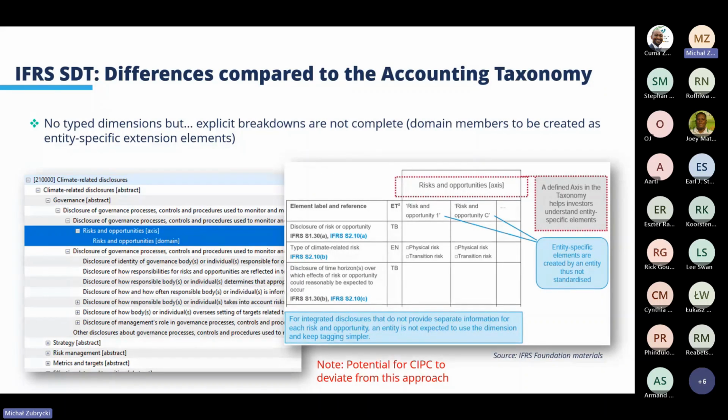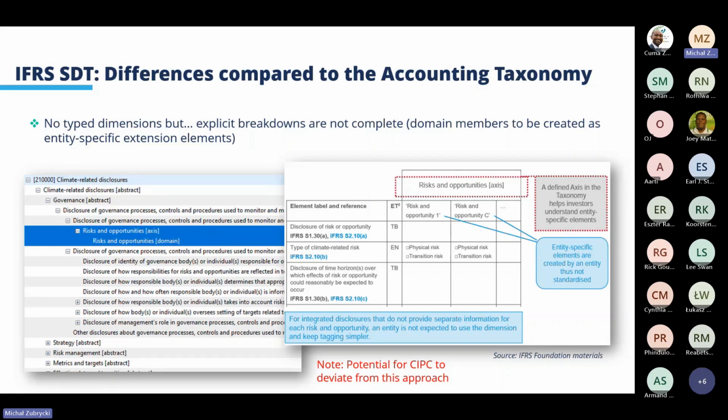Either we go for extensibility, which was also mentioned by the commissioner in the opening speech, which might be the way to go, or alternatively, if we decide not to allow extension on the taxonomy side, we could potentially replace these non-closed explicit dimensions with CIPC-specific dimensions that would allow for typing in the actual value.